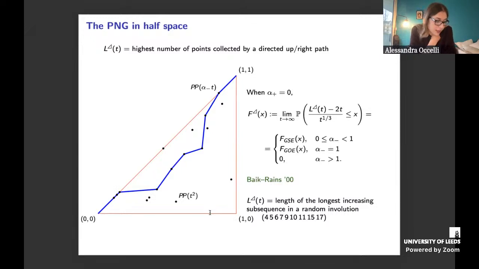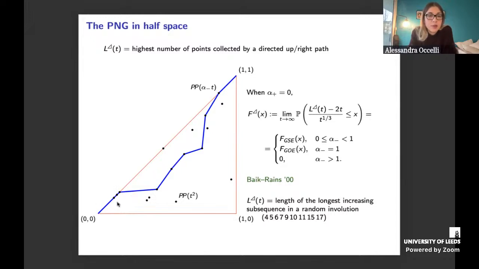First of all, the problem was studied in a different setting. In this paper, Baik and Rains analyzed the problem of the longest increasing subsequence in random permutations with different symmetries, and this was one of the cases that they analyzed. The L for the PNG in half space will correspond in this setting to the length of the longest increasing subsequence in a random involution, so basically a permutation where you have fixed points.